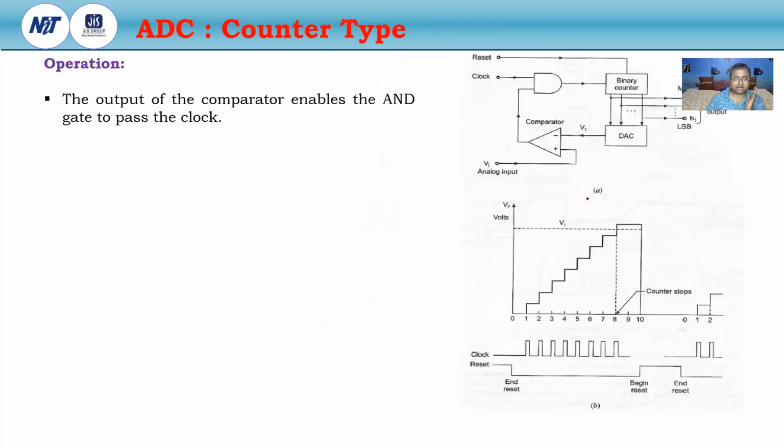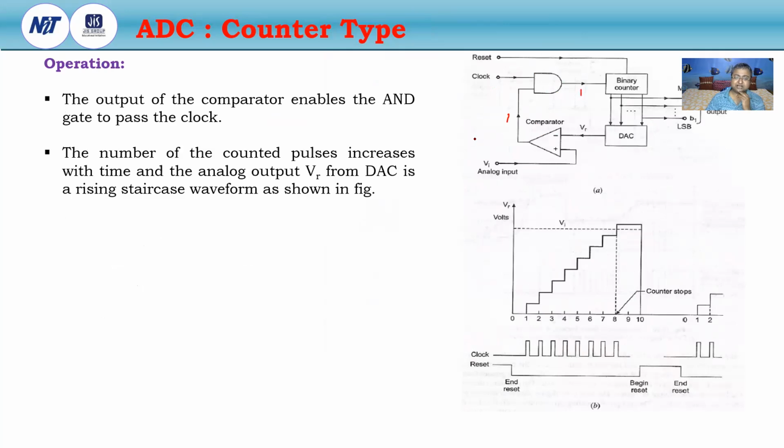Now the output of the comparator enables the AND gate to pass the clock. If this is 1, then the clock will pass through this AND gate. The number of counted pulses increases with time and the analog output VR from the DAC rises in a staircase form, because this is a ramp of the staircase.